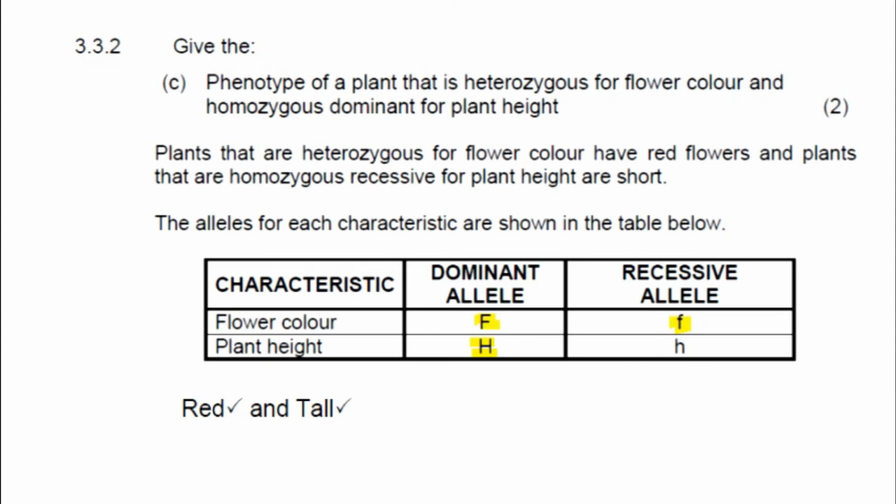Remember, they're asking for phenotype, not genotype. So they're looking for a plant that is expressing the dominant characteristics in both, and that would be red and tall. One mark for red, one mark for tall.